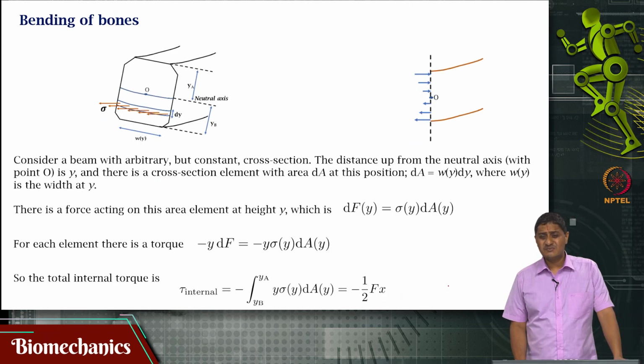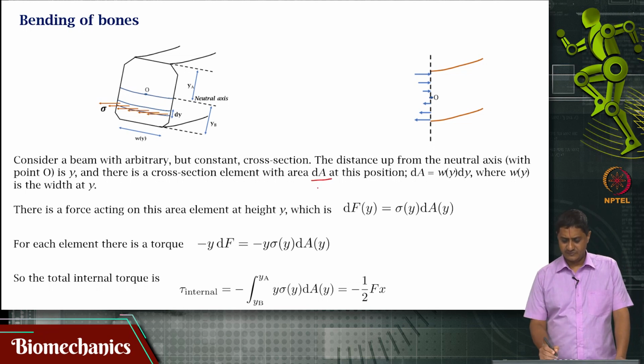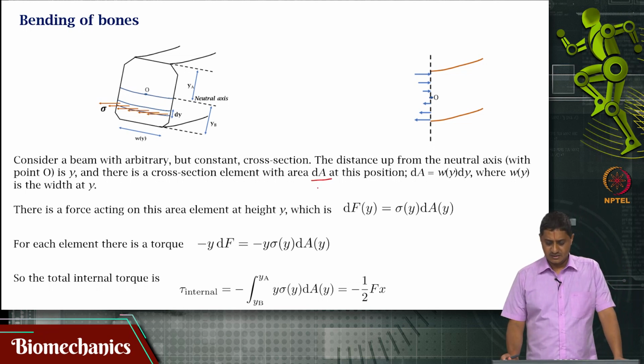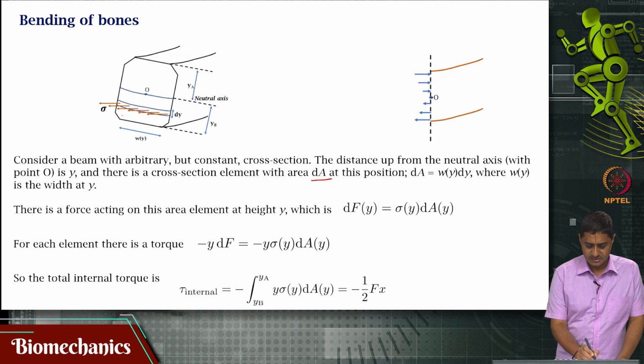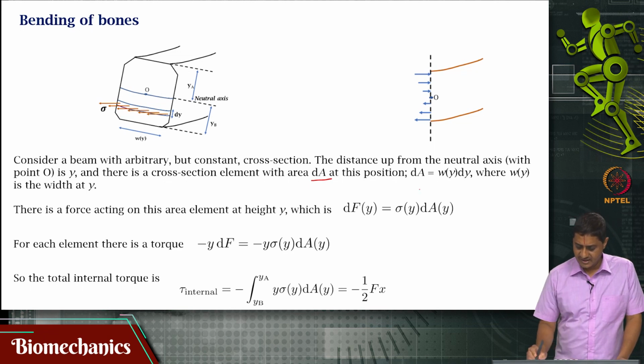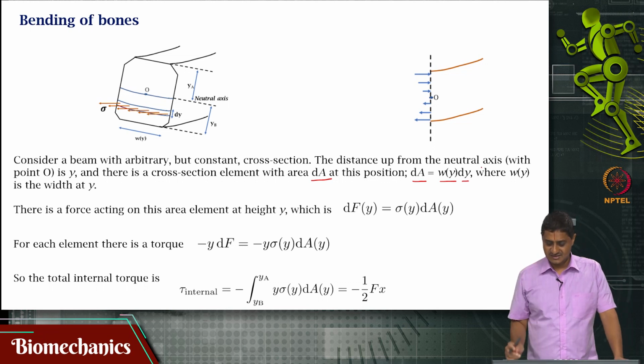Now, consider a small cross sectional element with an area dA at a distance y from the neutral axis. Then that point will have an area dA as its width times the distance dy, w of y times dy, where w of y is the width at this point y.